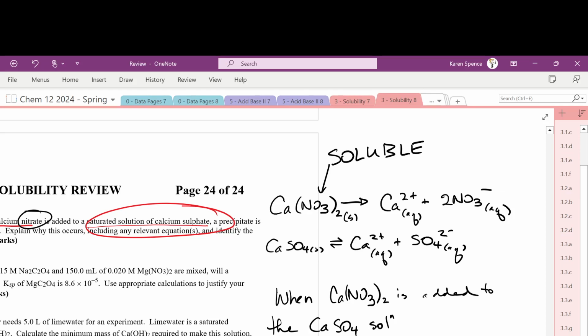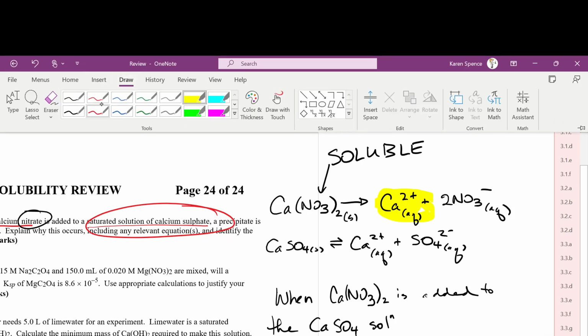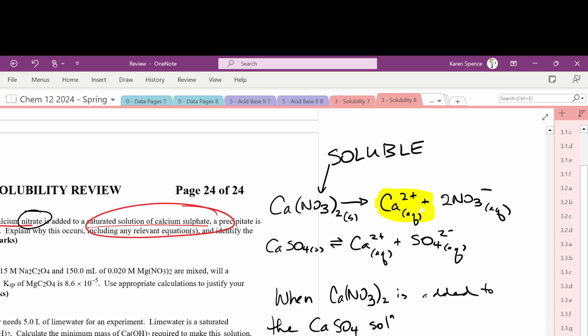Not yet. What does it do? We just wrote what it did. What does it do? It releases calcium ions into solution. And therefore what?